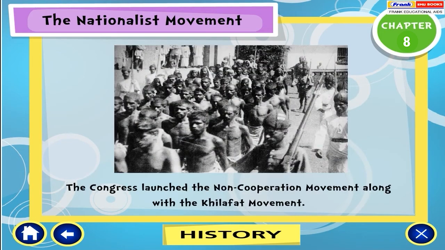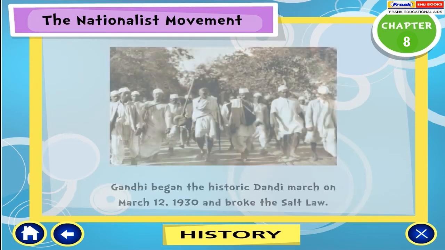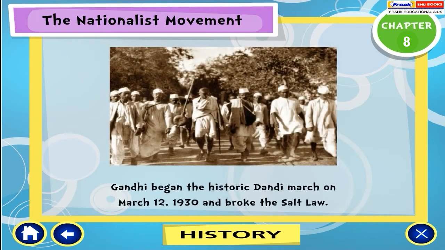The Congress launched the non-cooperation movement along with the Khilafat movement. In December 1929, INC adopted a resolution calling for Purna Swaraj, or complete independence from the British. Gandhi began the historic Dandi March on March 12, 1930, and broke the Salt Law.